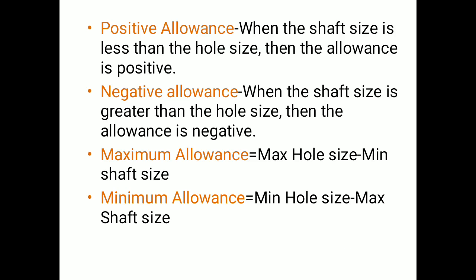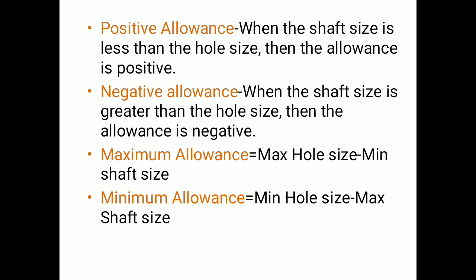Positive allowance. Now when will we say that the allowance is positive or negative? When the shaft size is less than the hole size, then the allowance is positive allowance.